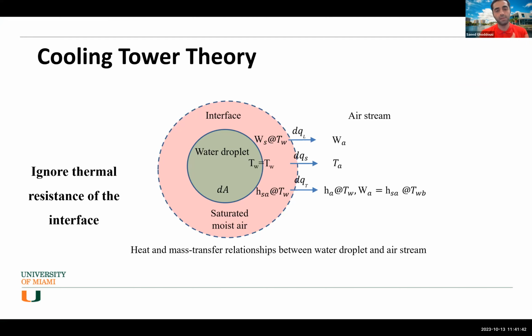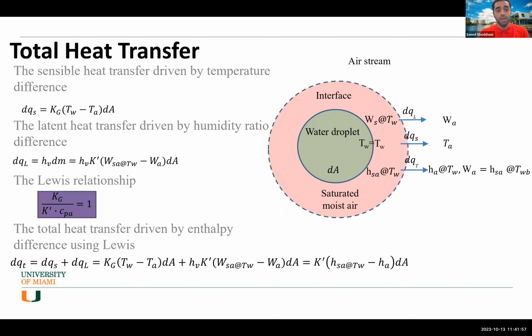These are some of the technical parts. I will try to pass this part quickly, but the main idea is that we have the heat and mass transfer relationship between the water droplet and the air stream, that you can see here. In order to have the total heat transfer rate, we can divide it into 2 heat transfers: sensible heat transfer and latent heat transfer.